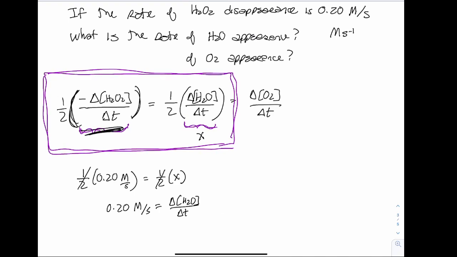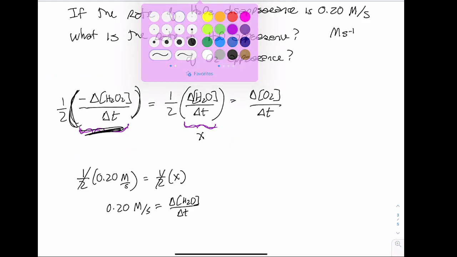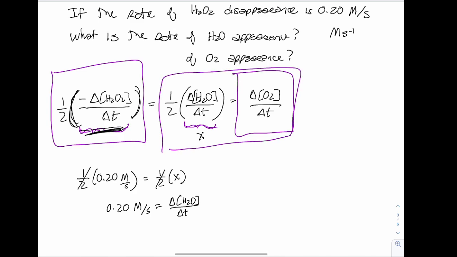If we were to answer the second part of the question, I'm going to use this part, and you could use water instead if you wanted. And this part, we just solved for the rate for water, so we have that answer. So you could use these two instead if you wanted to. I'm going to do the same thing. I'm going to say that this is going to be equal to x because I'm just going to be lazy on you.